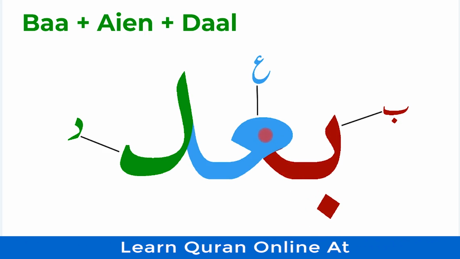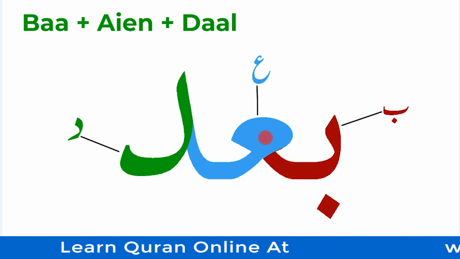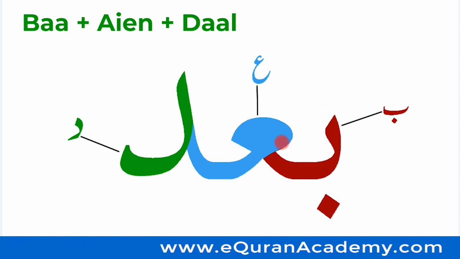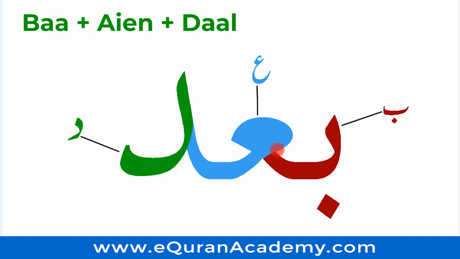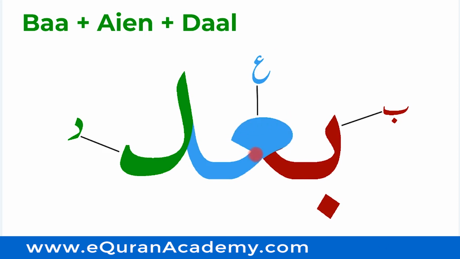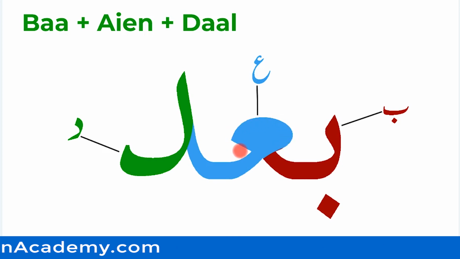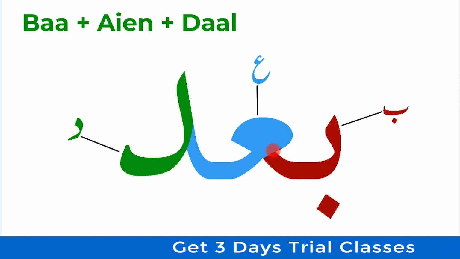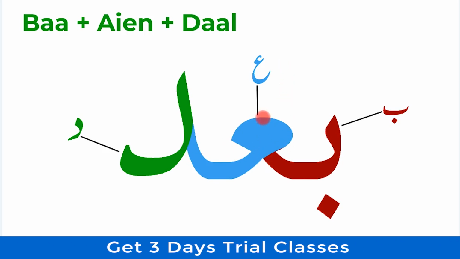This is ain. Ain has no dot, and this is single ain. And when we write Arabic, ain will be written like this. So you must recognize this shape. This is single ain. You should recognize this one as well.